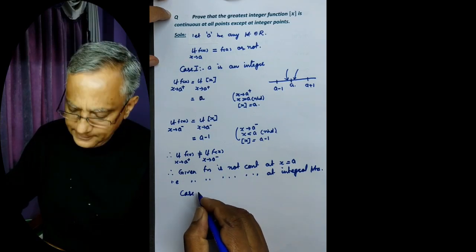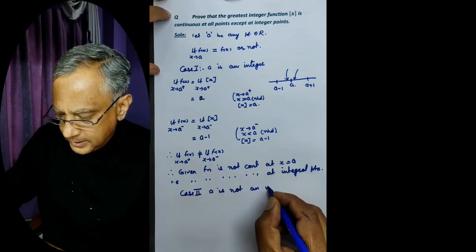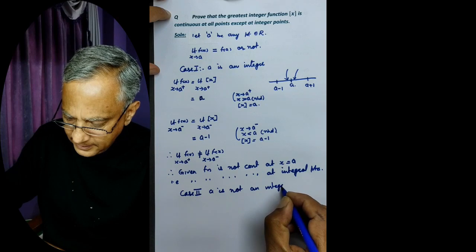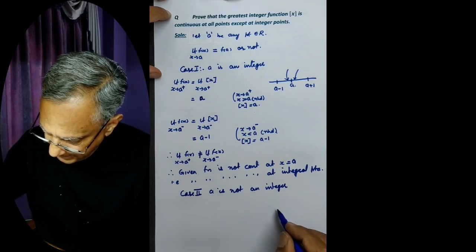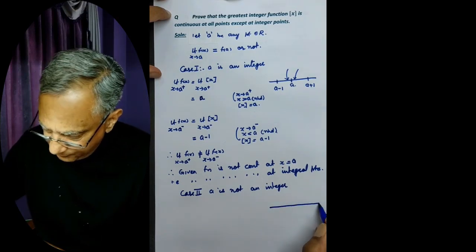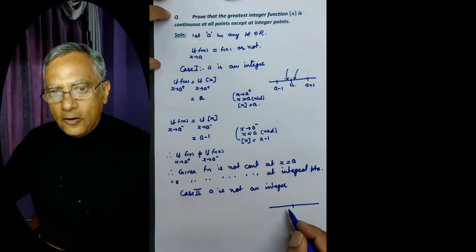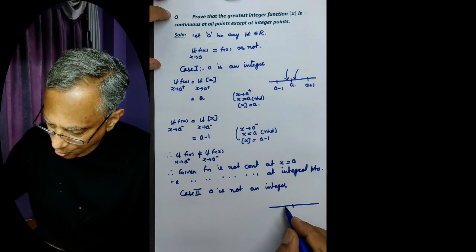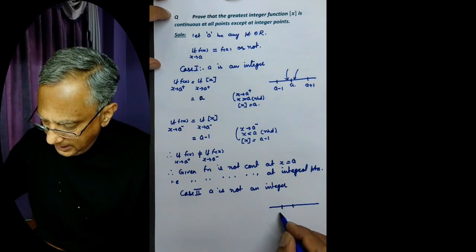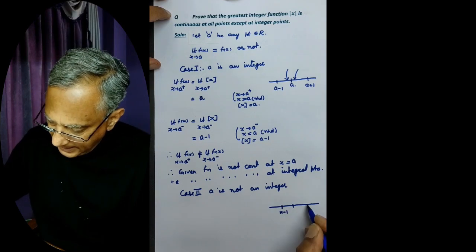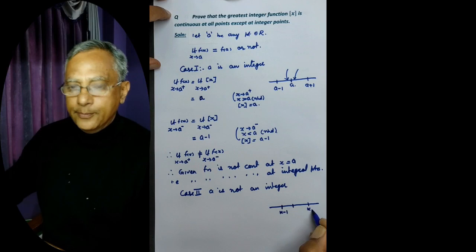Now we consider case 2. a is not an integer. If a is not an integer, then any non-integral point will always lie between two integers, say k minus 1 and k.